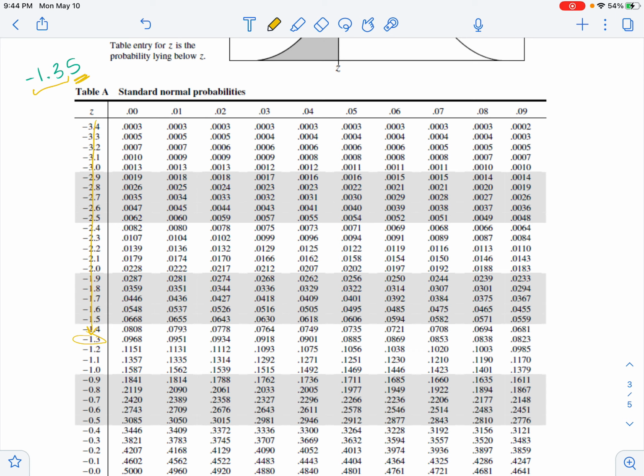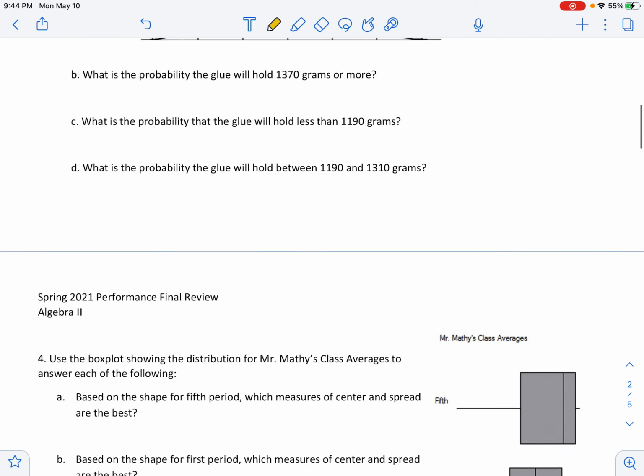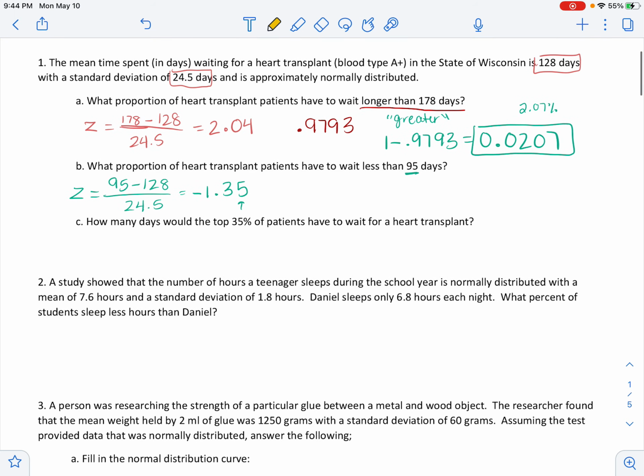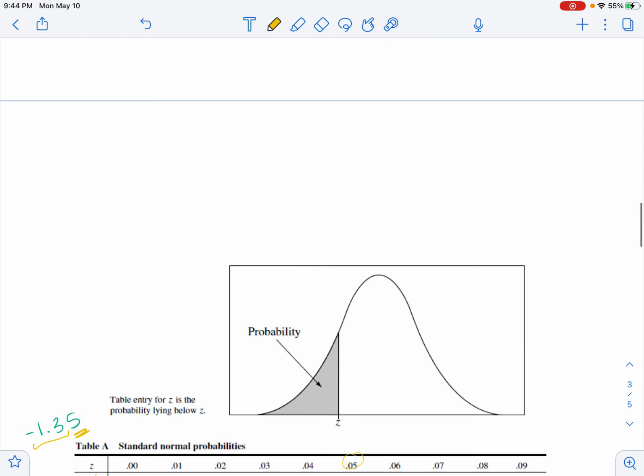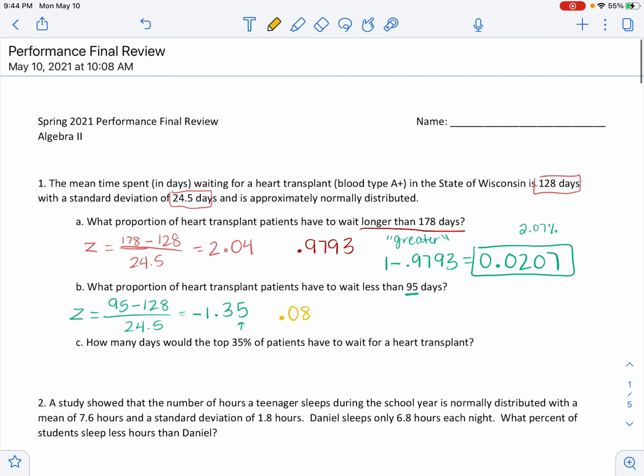So I'm going to go over to that 0.05, and I can just count starting at 0. 0, 1, 2, 3, 4, and 5. There it is, 0.0885. All right, back up to here. So we've got 0.08, I forget, 85? Yep, 885. Awesome.